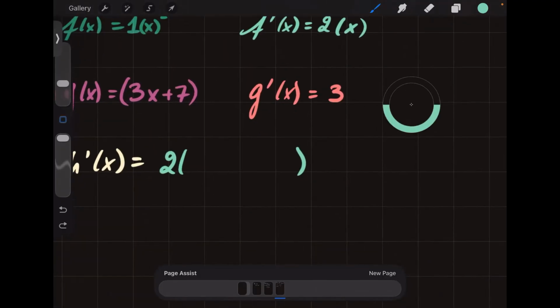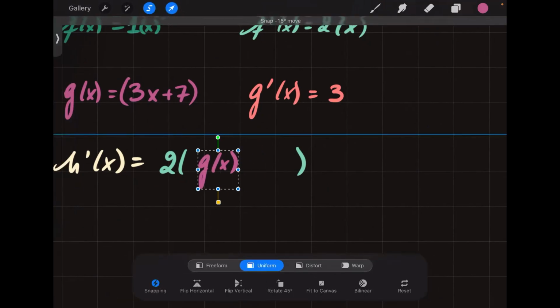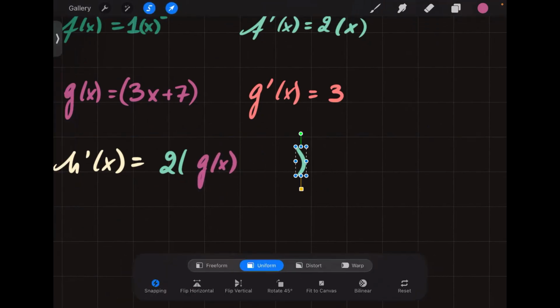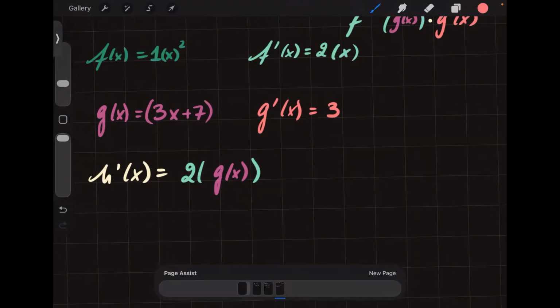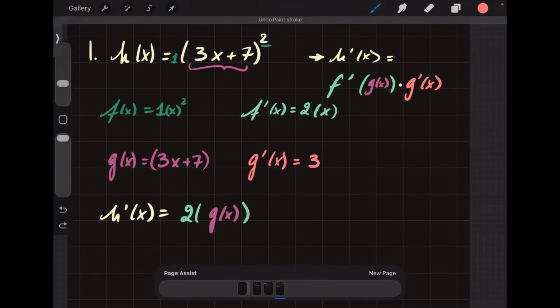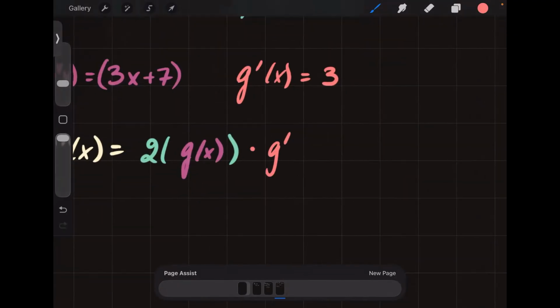So what I'm going to do for you is I'm actually going to just write it like this for now, so you see where these parts are all going. And then on the outside, what do we have? We have this times g prime of x.